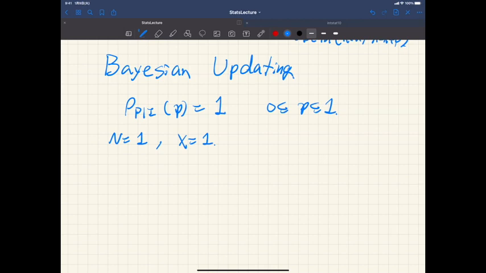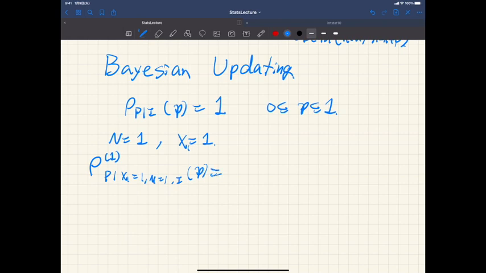Apply this to Bayes theorem, and we have the posterior distribution. This is the first step of the posterior distribution, with x1 equal to 1 and n1 equal to 1.